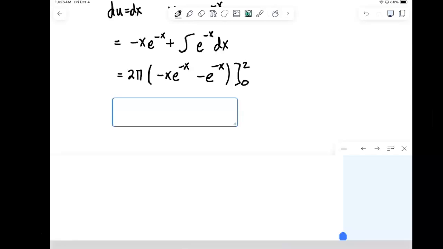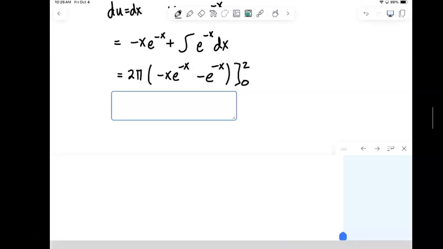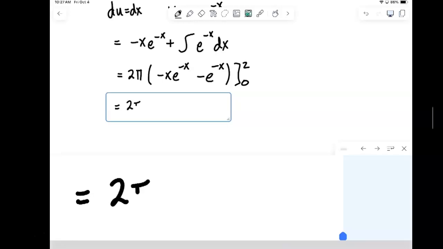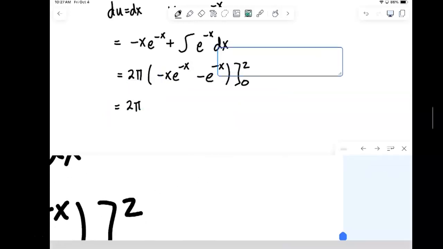Okay. And then I'm just going to go in and compute that. So that upper limit should be ln of 2.